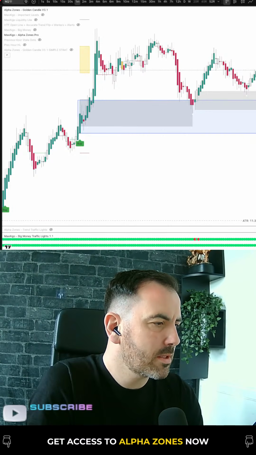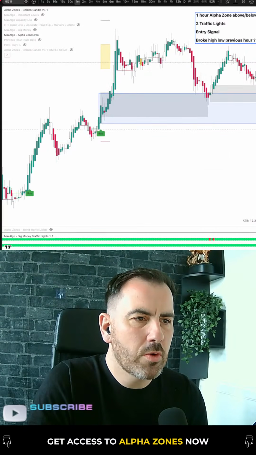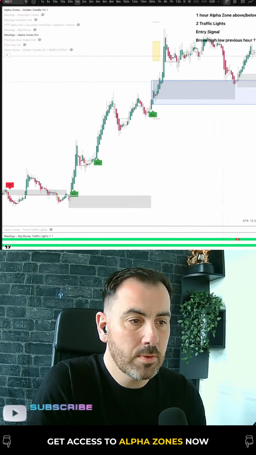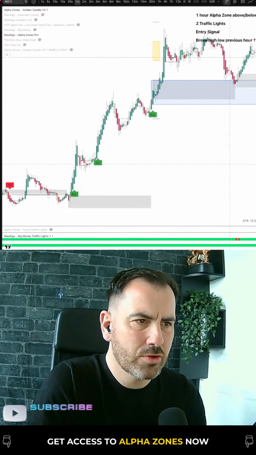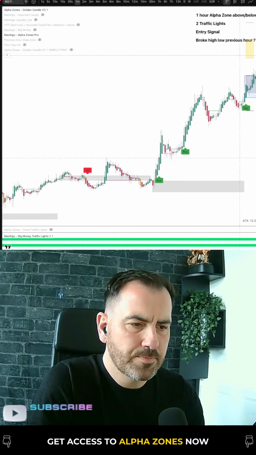So we want our 1 hour alpha zone to be above or below, depending on what trade we're looking for. 2 traffic lights, and we're looking for a signal. So just to give you an example.